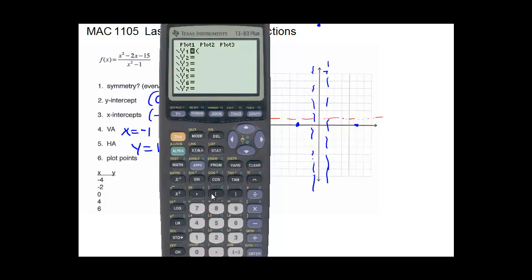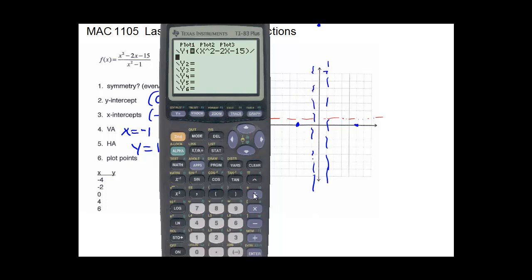So I'm going to put parentheses x to the second minus 2x minus 15. Remember, if you have the TI-84s, that you need to get your cursor back down after you do that exponent. Right, and close that parentheses.